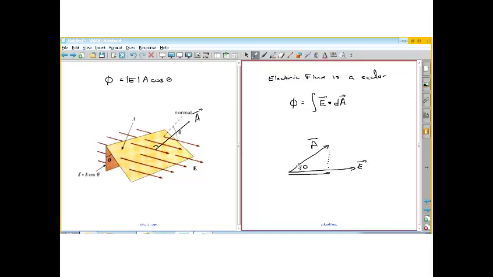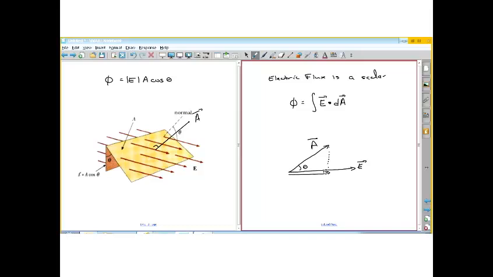This is the angle theta. So if I wanted to find the product of these two, I would find the product of the length of this vector times the projection of the area onto this vector, which is going to be the total area here, the length of this vector, times the cosine of theta, which would give you this adjacent side to the angle.